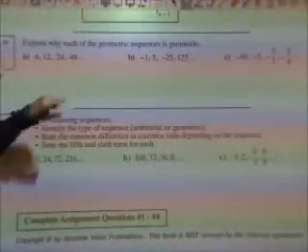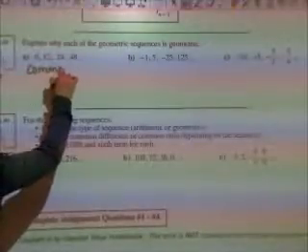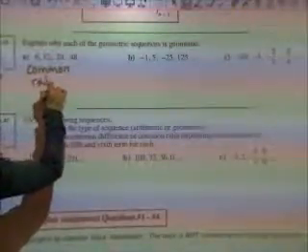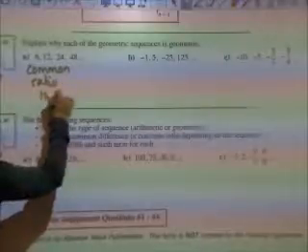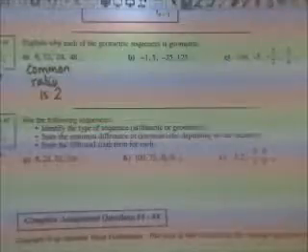So in class example number 1, explain why each of these is a geometric sequence. So 6, 12, 24, and 48, why is that geometric? Common ratio is 2. Then -1, 5, -25, 125.